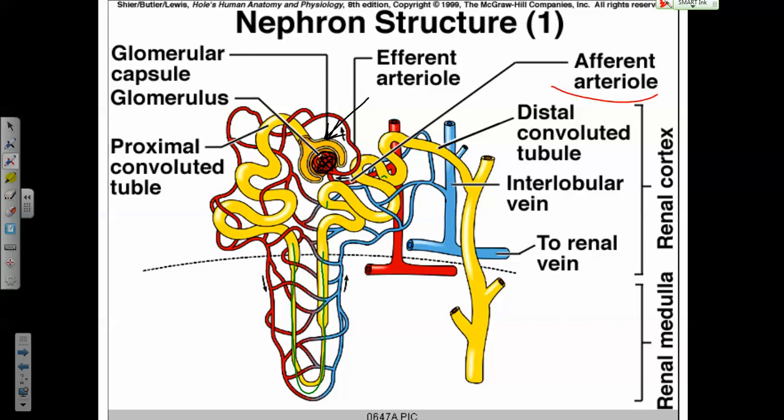It's called the afferent arteriole. That carries blood to something. Afferent means toward. Efferent means away from. So the afferent arteriole is bringing blood to the glomerulus. And then the efferent arteriole is this one, and it's bringing blood away from the glomerulus, and that connects to a bunch of capillaries that surround the nephron tubule.